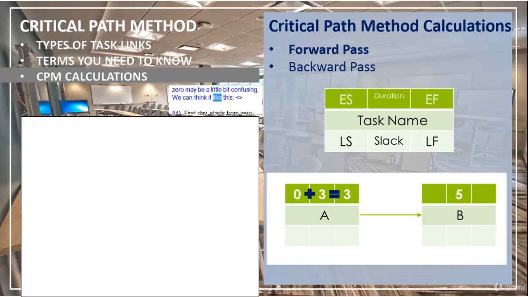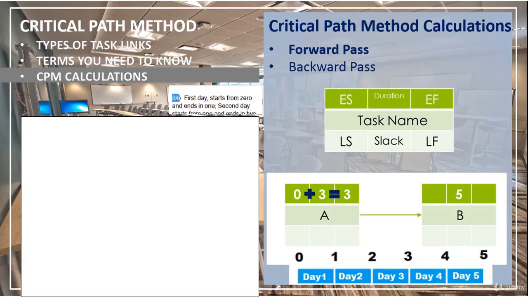We can think of it like this. First day starts from 0 and ends in 1. Second day starts from 1 and ends in 2 and so on. ES and LS values are the start of these days. Thus, when we say task A starts on day 0, we mean that the task starts on the first day.